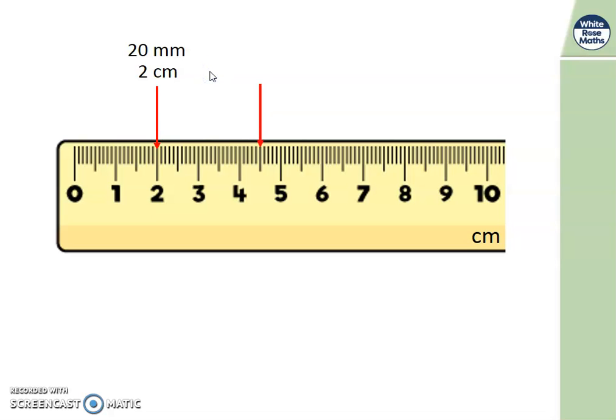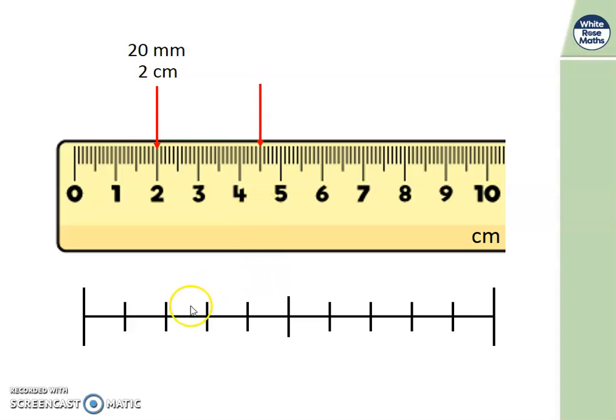So where is this one pointing to? It's halfway between 4 and 5. Can you remember what I said about this marker that's slightly longer? Let's have a look at it zoomed in. So on this side we've got 4, on this side we've got 5 centimetres, and we know that 4 centimetres is equal to 40 millimetres, and we know that 5 centimetres is equal to 50 millimetres.